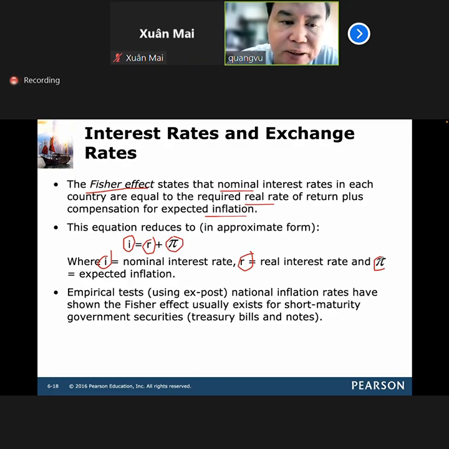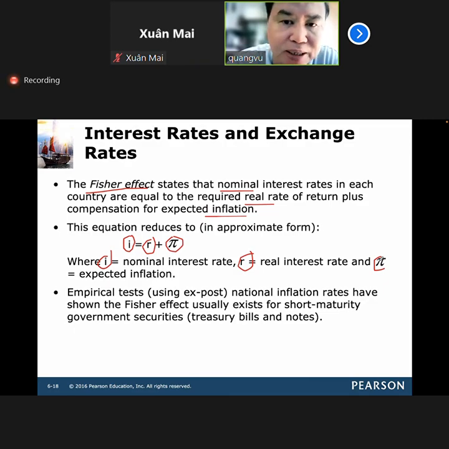If in that year you learn that the inflation rate in Vietnam is up to 6%, and at the beginning of the year the bank offered you the nominal rate of 10%, then according to the Fisher effect theory, the real return you actually earn after 1 year is approximately 4%, equal to the nominal rate 10% minus the inflation rate 6%.